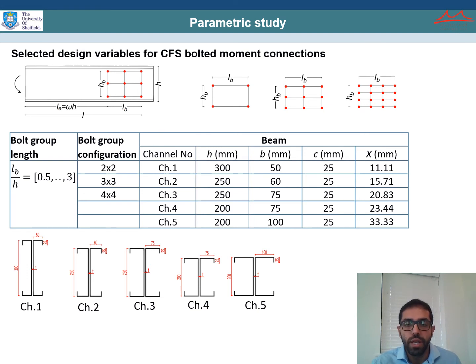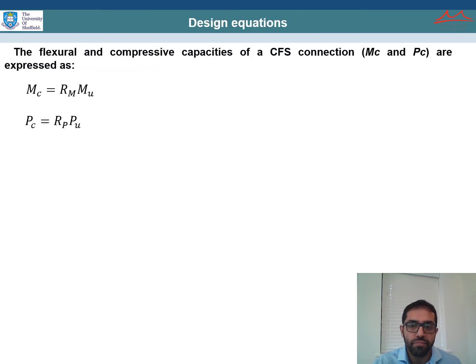Each back-to-back channel has a different eccentricity, which starts from 11.11 for channel 1 to 33.33 for channel 5.